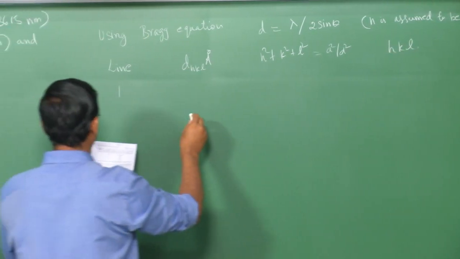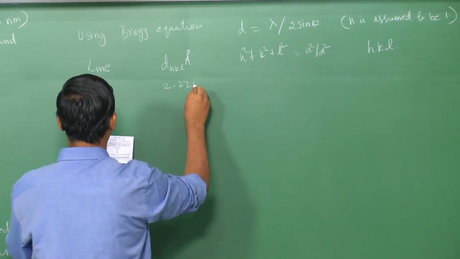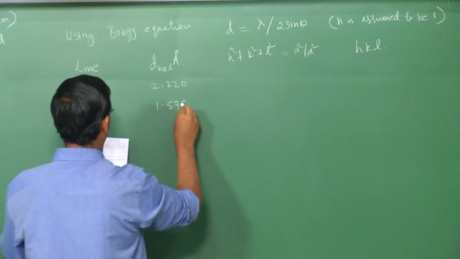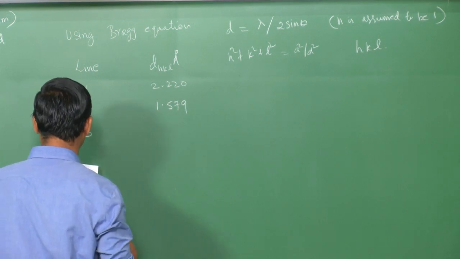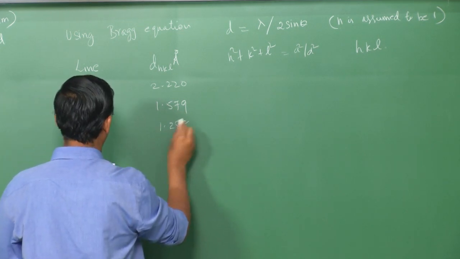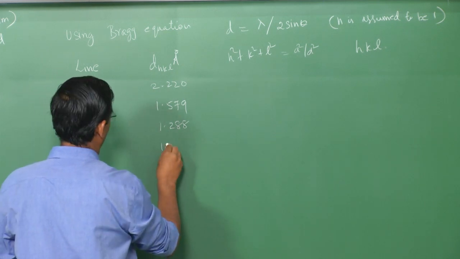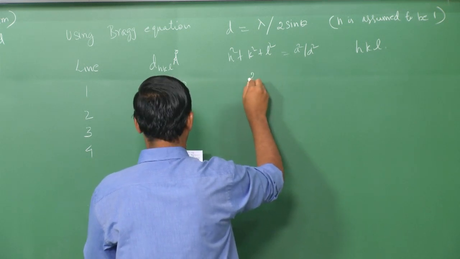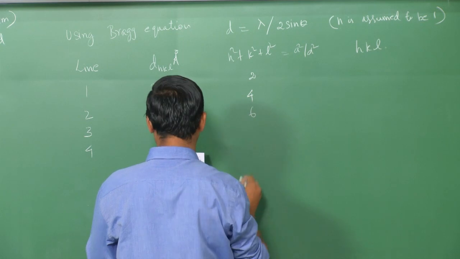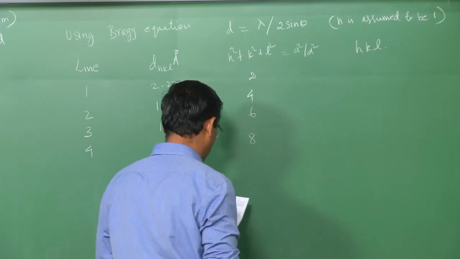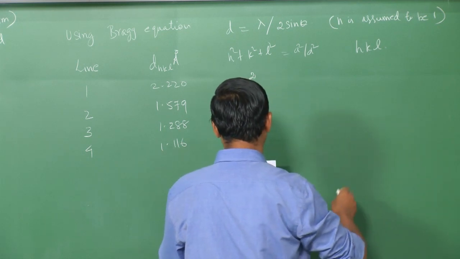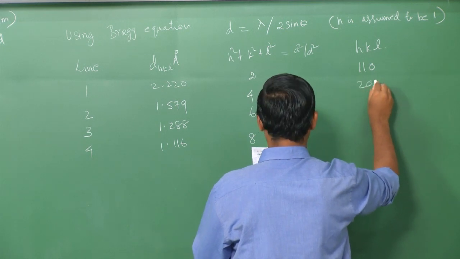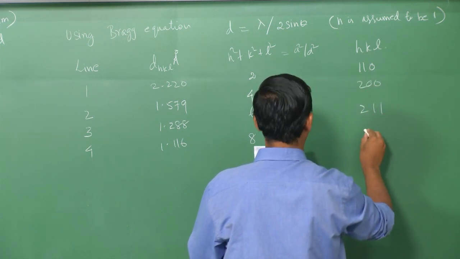Line 1 gives 2.220, line 2 gives 1.579, line 3 gives 2.288, line 4 gives 1.116, and h square plus k square plus l square is 2, 4, 6 and 8. So, you can write 110, 200, 211, 220.